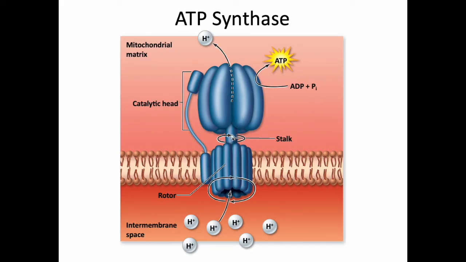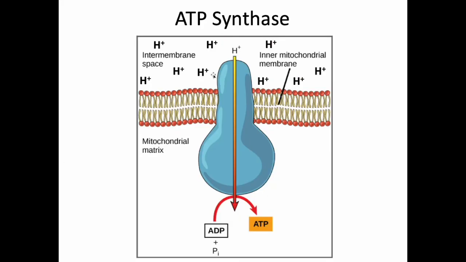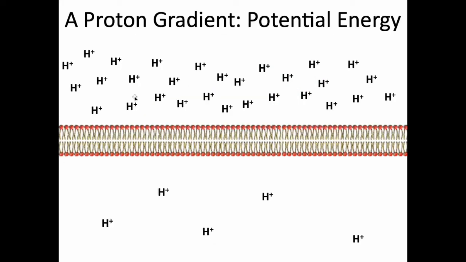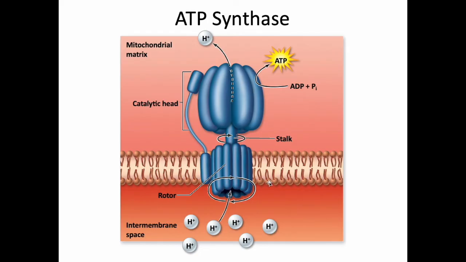This is a little confusing because this textbook is sort of drawn upside down from this one. The figures I've been using show a bunch of protons on this side and not a lot of protons on the bottom side. This one is just showing it in the upside down way. There are a bunch of protons on this side of the membrane, not a lot of protons on this side of the membrane.